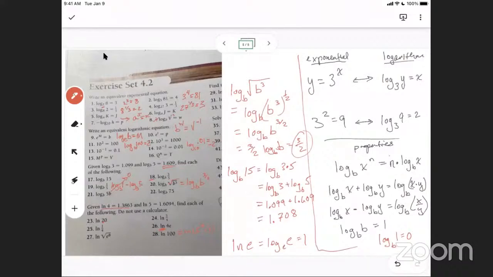And then break it up using this property over here. So that equals the natural log of 5 squared plus the natural log of 4. Right? Yes. You follow what I'm doing there? And then what can I do with this 2? Bring it in front. So this equals 2 times the natural log of 5 plus the natural log of 4. And now you can plug in your values, your 1.6094, and then just do it by hand.